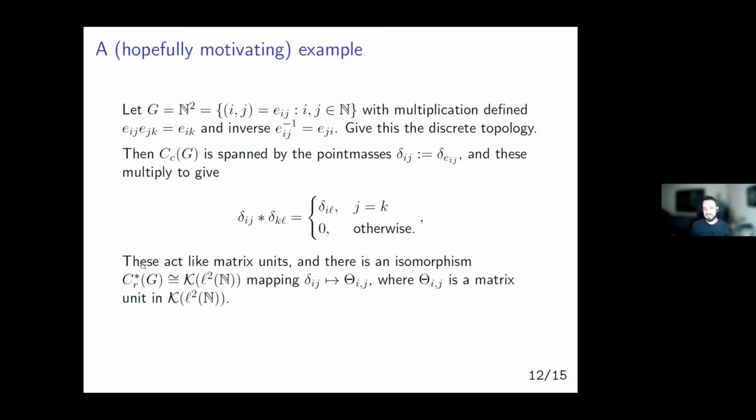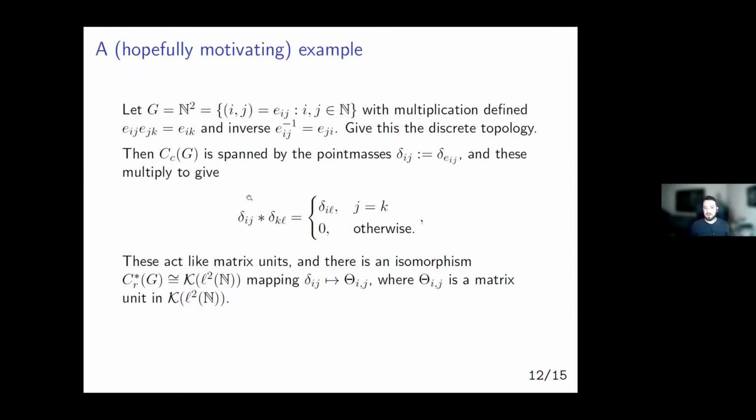What's more, you get exactly an isomorphism between the reduced groupoid C-star algebra and the compact operators on the Hilbert space L2 of N. And the map that you get is you map one of these point masses to the canonical matrix unit in here, which maps the jth coordinate to the ith coordinate in L2 of N. You also don't need to take all of N to make this work.